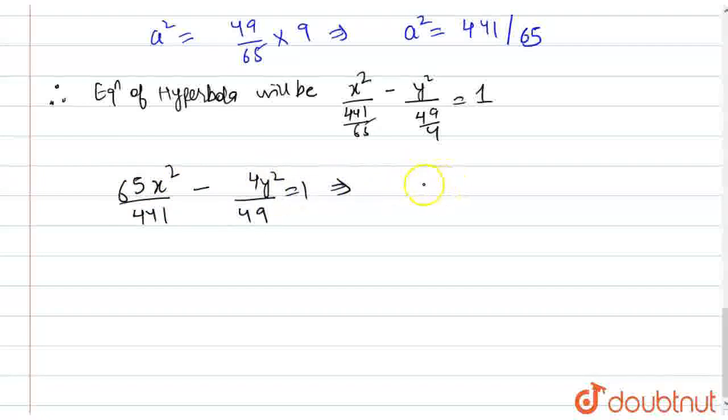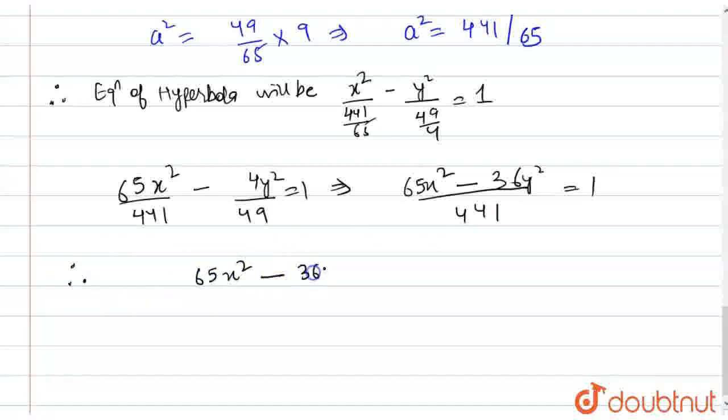By taking LCM, we will get 65x square minus 36y square will be equal to 441. So the equation will be 65x square minus 36y square will be equal to 441. So the final equation will be this.